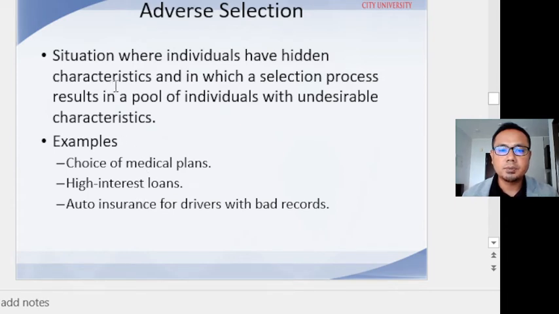This is about the situation where individuals have hidden characteristics in which a selection process results in a pool of individuals with undesirable characteristics. So there are some examples here, for example, choices of medical plan, high interest loans, auto insurance for drivers with bad records.